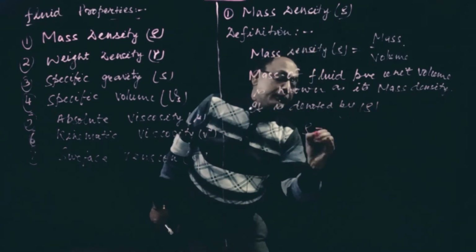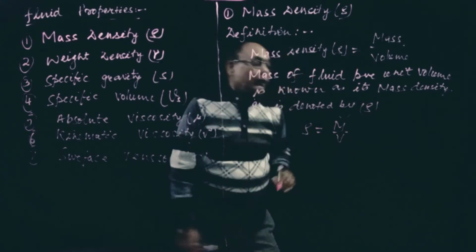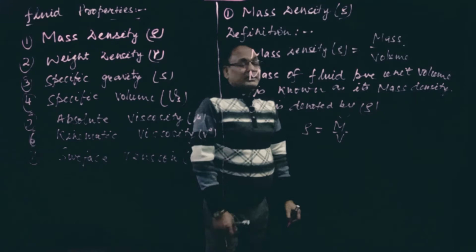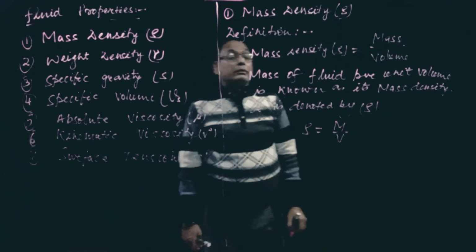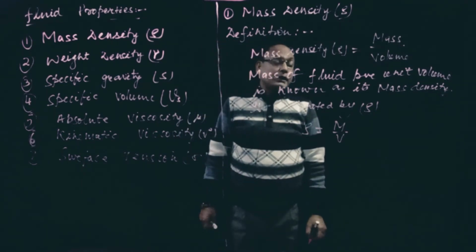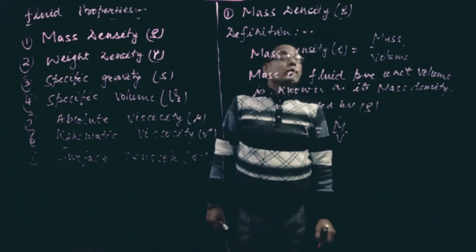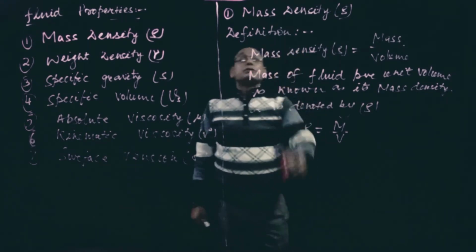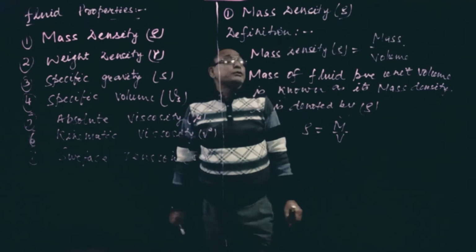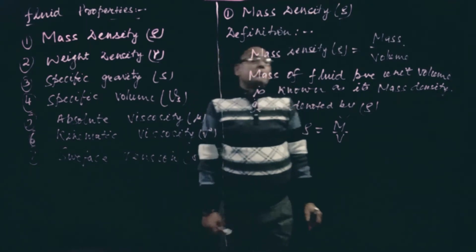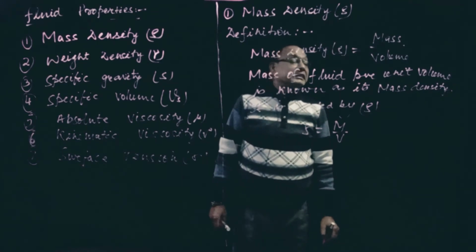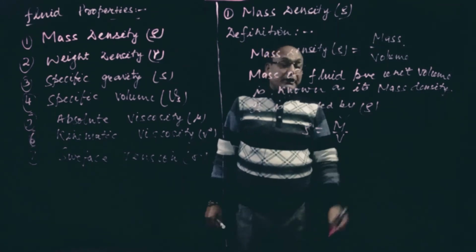So rho is equal to mass per unit volume. Or you can define it in another way: the ratio of the mass of the particular fluid to the volume of that fluid is known as mass density. Mass of the particular fluid per unit volume is known as its mass density. It is denoted by rho.